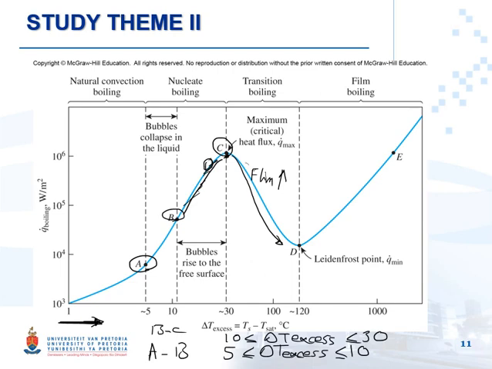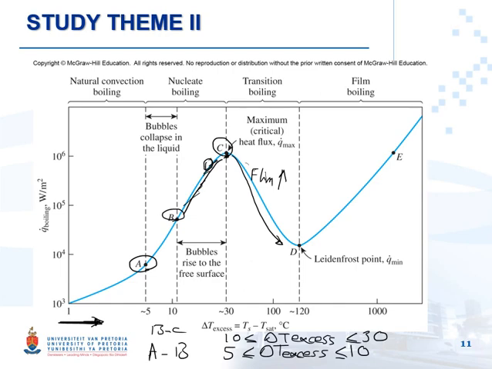It's Q dot minimum, and after that any increase in surface temperature or increase in delta T excess will result in higher Q dot boiling.